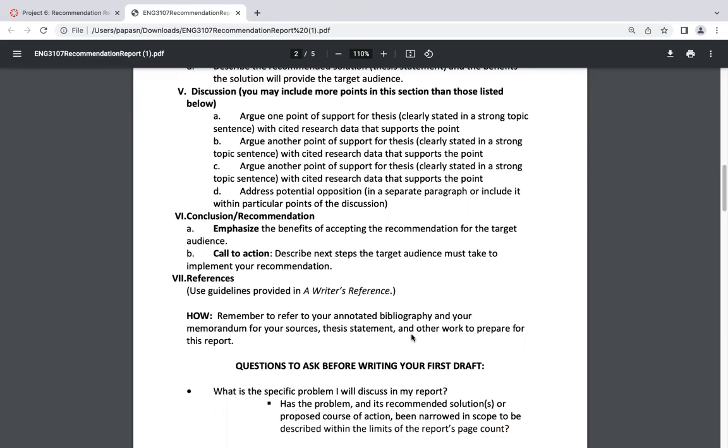Those 4 things are the company or organization, the problem within that organization that you're going to address, the solution to that problem, and then a very clear idea of who your audience is. And that will even be articulated within the paper, as it was in your proposal.